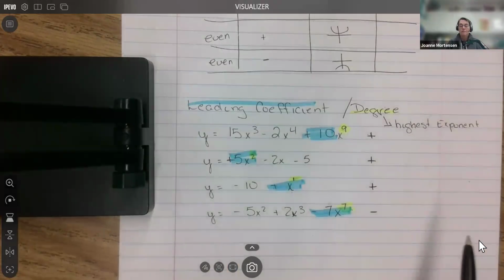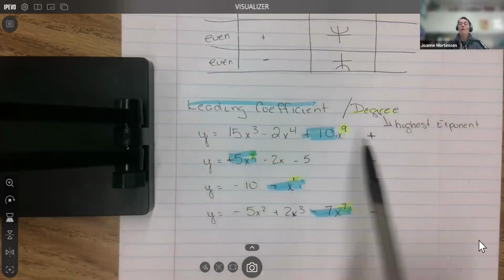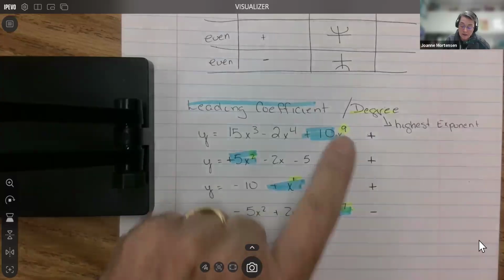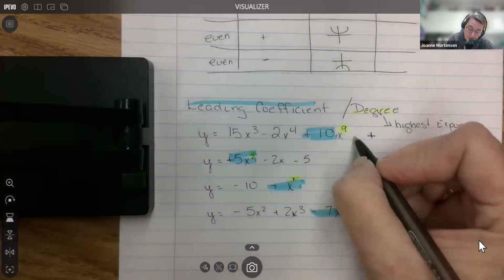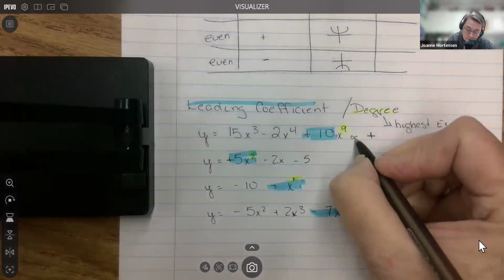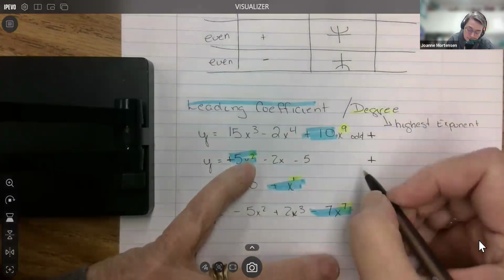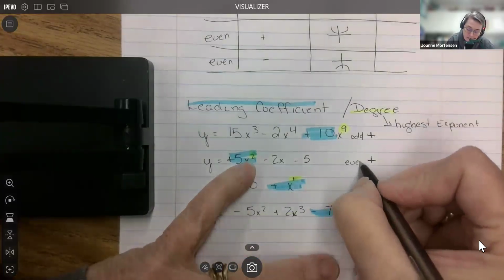So what I need, and honestly, I should have done this, I don't even care that it's 9. All I care is whether that degree is odd or even. So this is odd positive. I'm going to put it in the order of the chart. And the 2 is even, right?